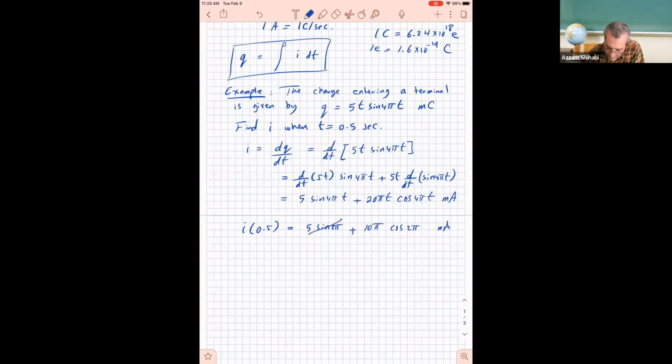So this part here is 0, cosine 2 pi is 1, so therefore 10 pi milliamp, or approximately 31.42 milliamp.